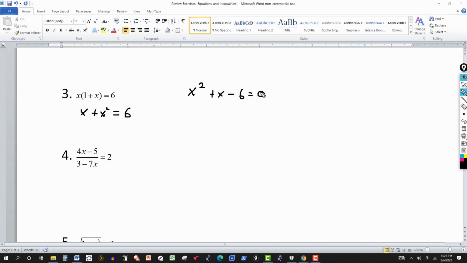And again, quadratics, the easiest method to solve the quadratics is the method of factoring. And if it doesn't factor, you can use the quadratic formula or the method of completing the square. This one does factor to x plus 3, x minus 2.